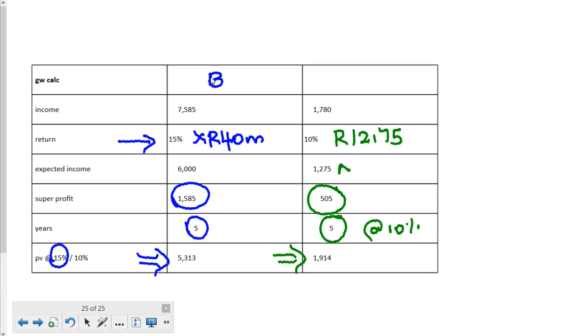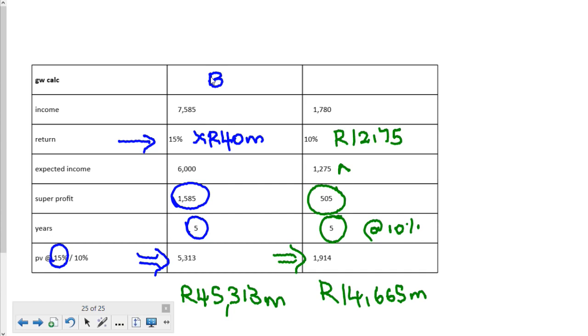So now the total value of B is 45,313 million. The total value of N is 14,665 million. Do you agree?